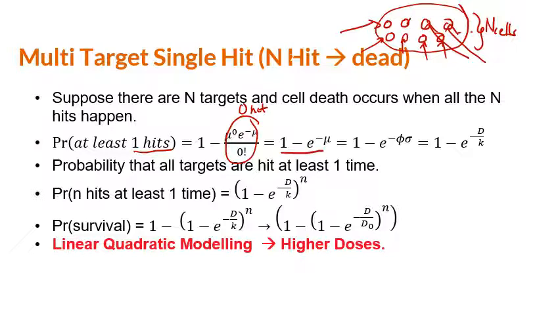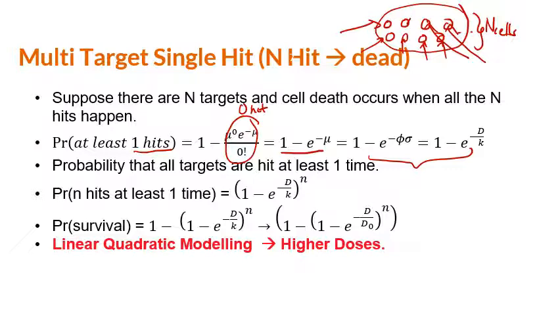So, yung probability na meron kang 1 hit is given by this relationship. 1 minus e to the minus phi times sigma, or 1 minus e to the minus D over K. Ngayon, kung you have N cells na gusto mong matamaan lahat, so you're just assuming that yung hitting likelihood ng bawat cells are independent from each other.